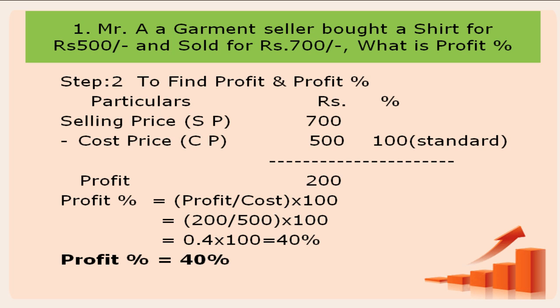Therefore profit percentage is equal to profit divided by cost into 100, that is equal to profit 200, cost 500, 200 divided by 500 into 100, that is equal to 0.4 into 100, that is equal to 40%. Hence the profit percentage equal to 40%. In this way profit percentage is calculated. Now we are going for the next situation.